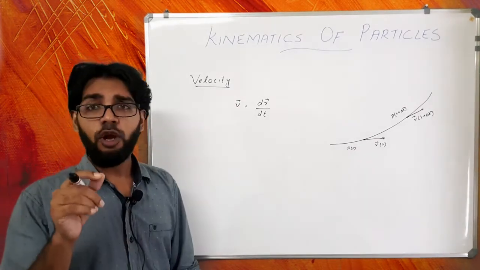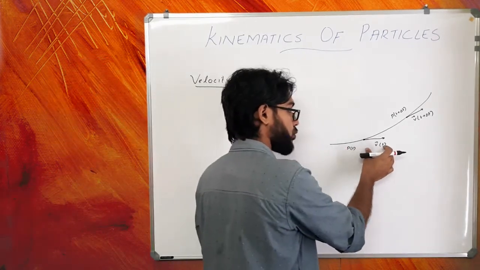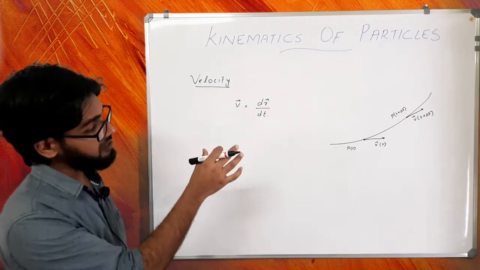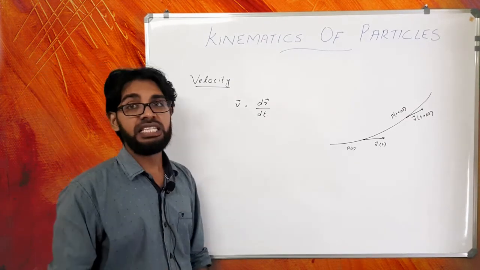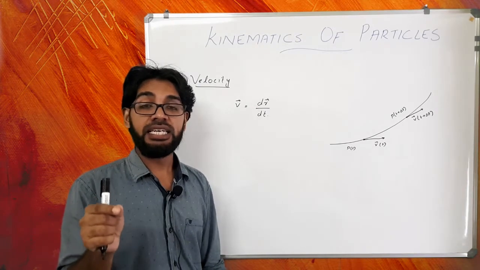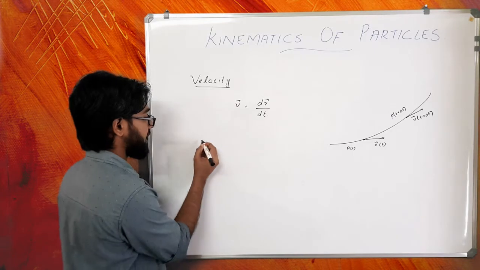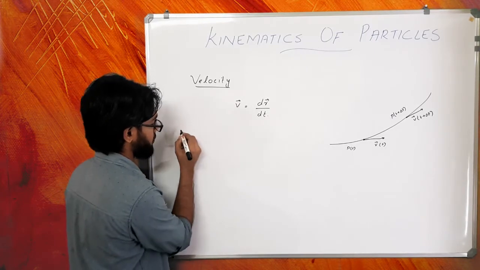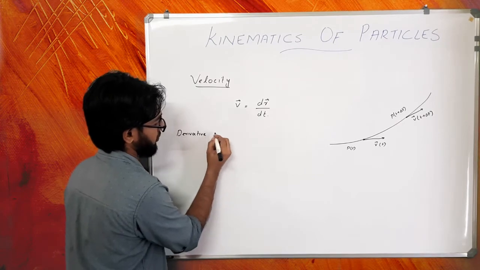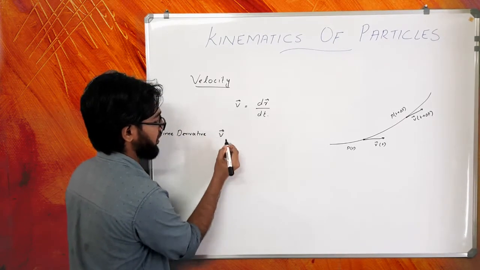Now since the velocity is varying here, either in terms of magnitude or in terms of direction or both, the variation can be studied by taking the time rate of change of velocity. That means we can take the time derivative of v.